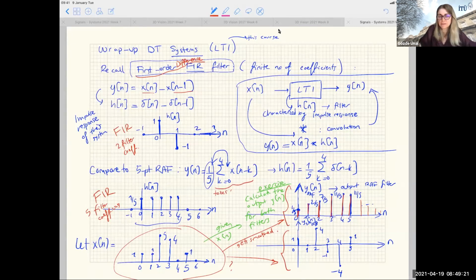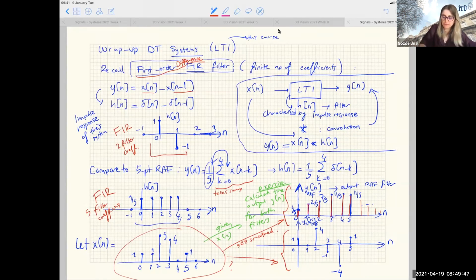This takes differences, the first one. So here it's trying to detect changes in a signal, because it subtracts the previous sample from the current sample, right? And this filter coefficient set just slides over the input signal, right?